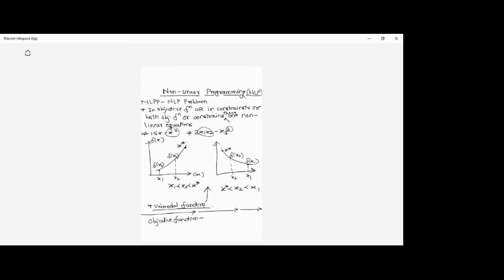They'll be telling us to either maximize or minimize, right? And they will be telling us to maximize or minimize this function within a particular range of the variable, right? So when there is a problem, you'll understand how the problem is solved, right?